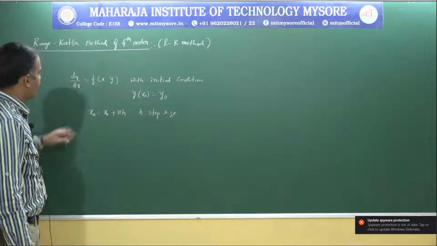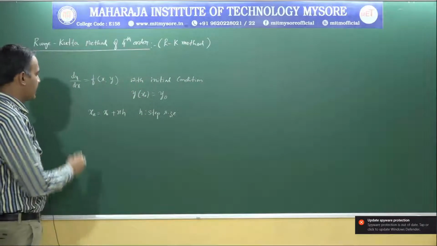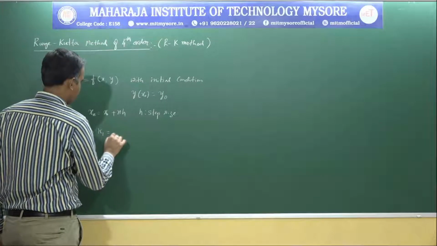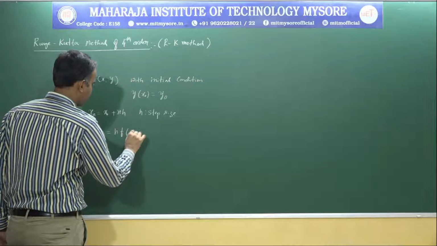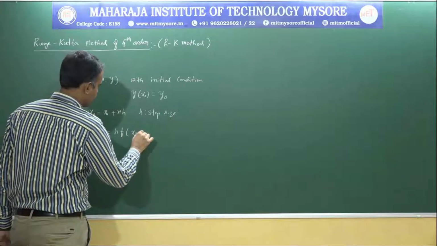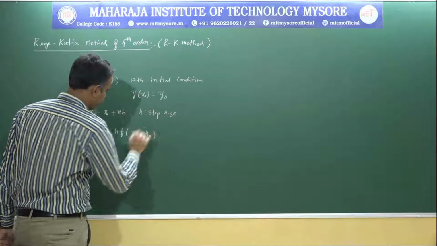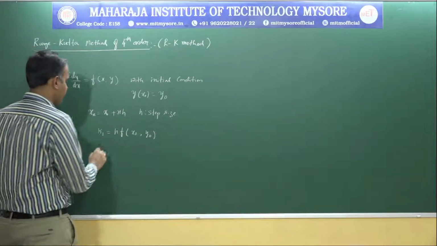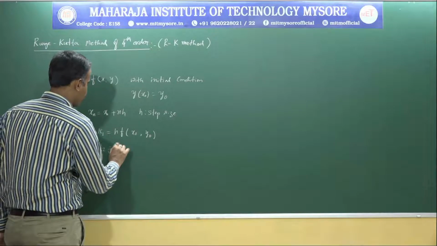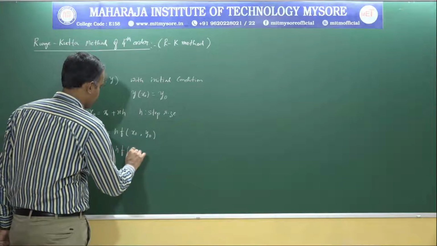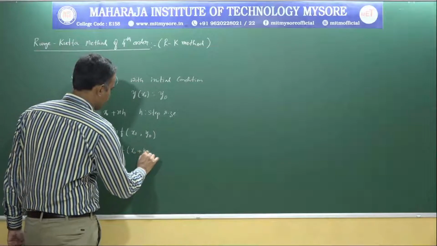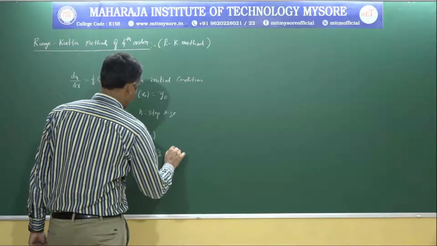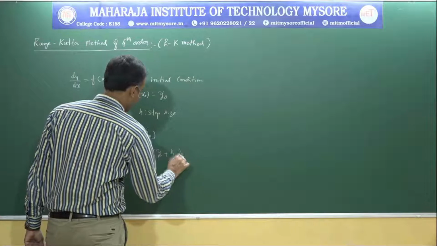Now here we consider first k1 is h into f of x naught comma y naught. Now k2 is h into f of x naught plus h by 2 comma y naught plus k1 by 2.